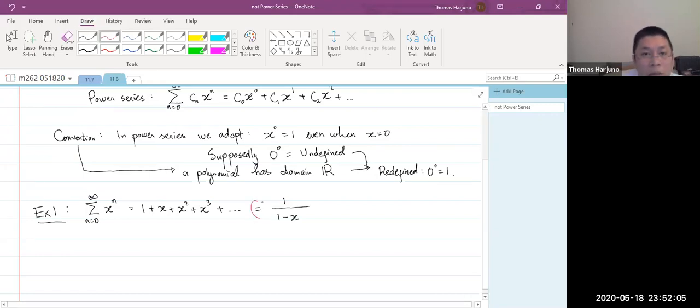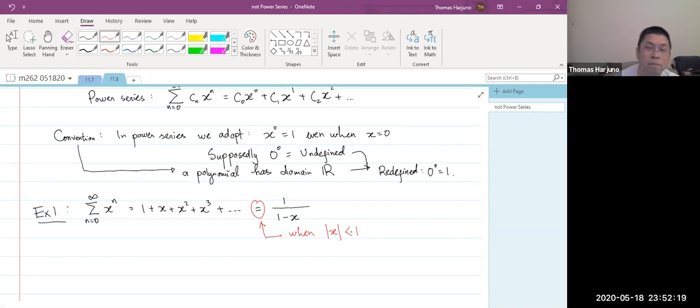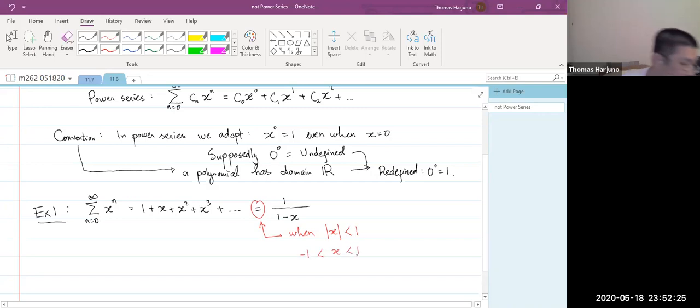As long as the absolute value of x is less than 1. Remember that? Okay, which means x has to be between -1 and 1. Okay, and divergent when the absolute value of x is greater than or equal to 1.